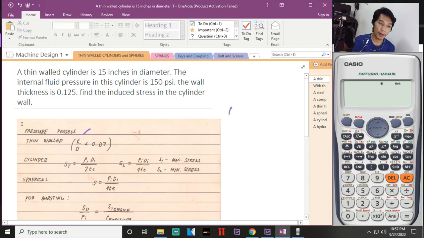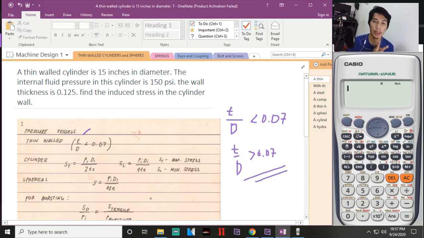Now, if your thickness, when you divide it with your diameter, if that is less than 0.07, then that is thin wall. Pero if that is greater than 0.07, that is thick-walled na. Thick-walled cylinder. Kailangan ganito yung kanyang condition. Okay.